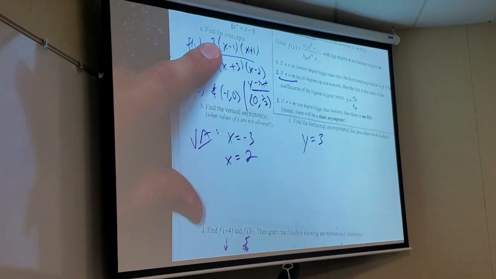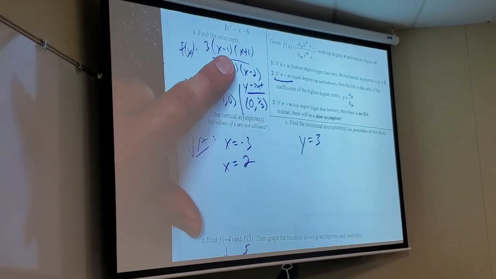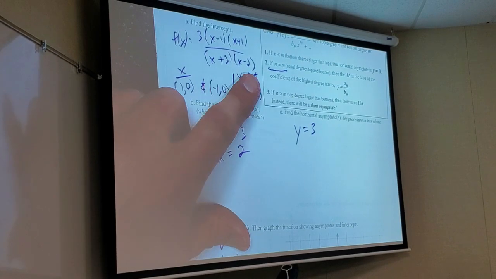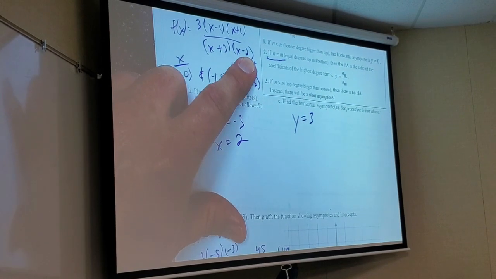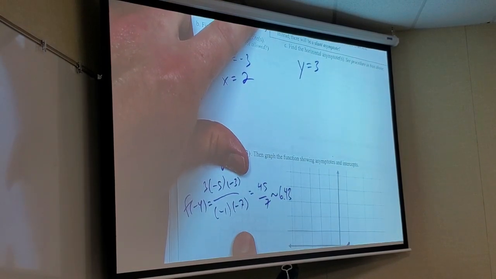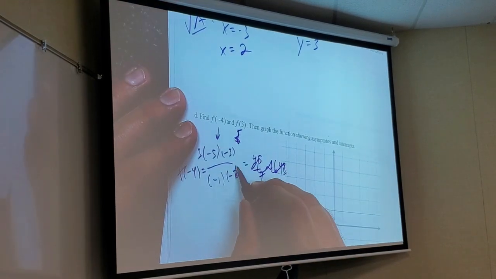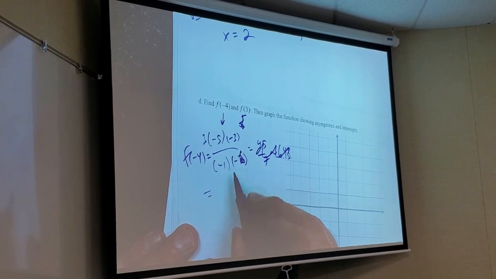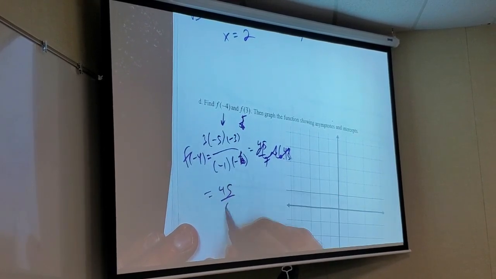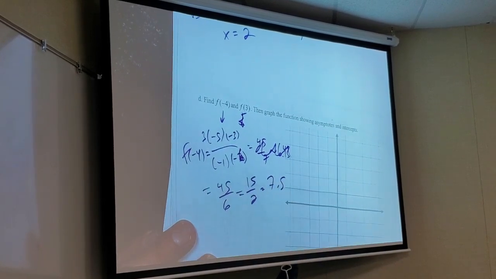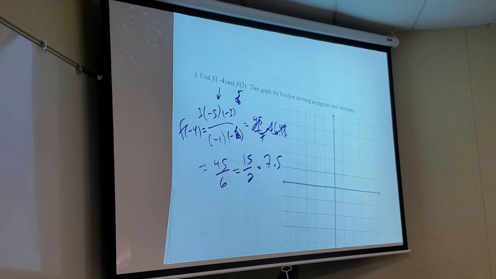If I plug a negative 4 in, I get 3 times negative 5 times negative 3, over negative 1 times negative. Did I do that right? So it's supposed to be a 6. All right, so what should you get? You should get 45 over 6, which reduces to 15 over 2, which is just 7.5. Is that what you guys got?